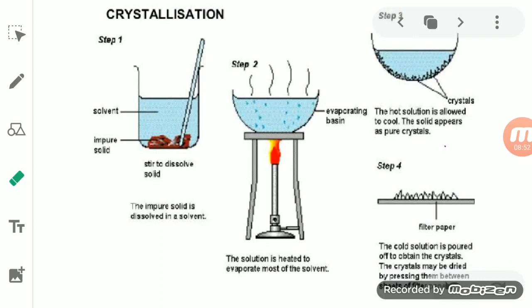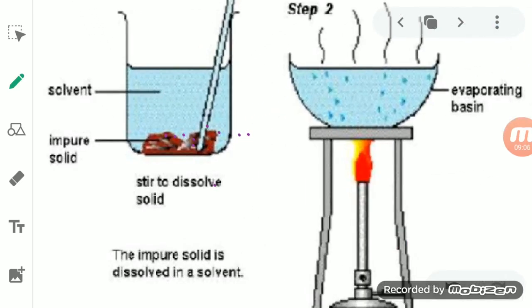When you take an impure solid substance, it is dissolved in a minimum amount of water. In step 1, we have the impure solid and a solvent, and the impure solid is dissolved in a minimum amount of water.